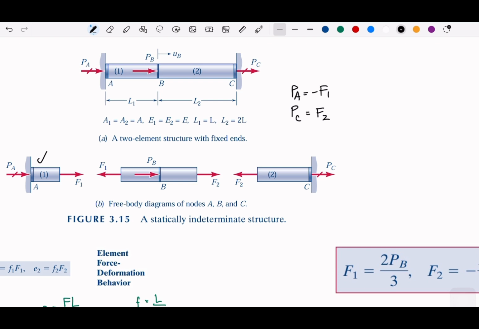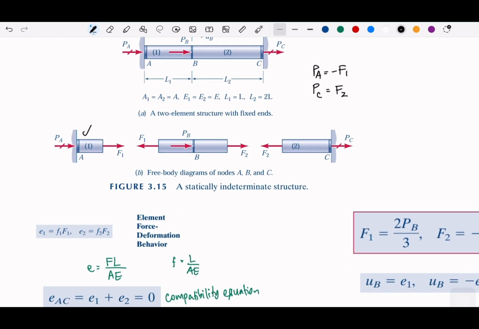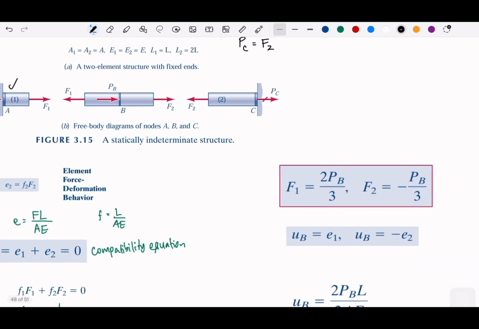Then we could rewrite everything in terms of PB, so 2PB over 3 if we solve this.